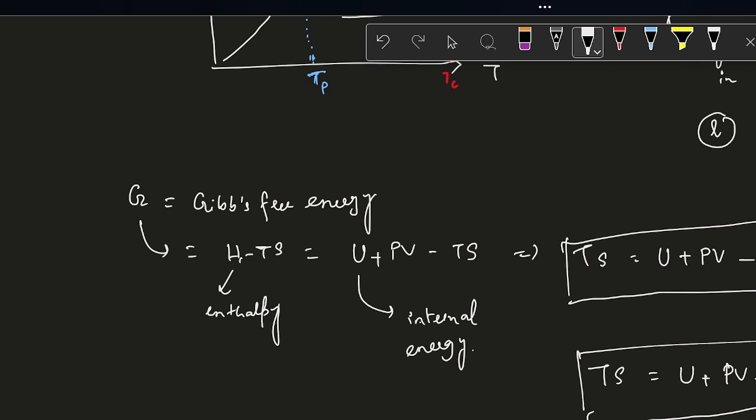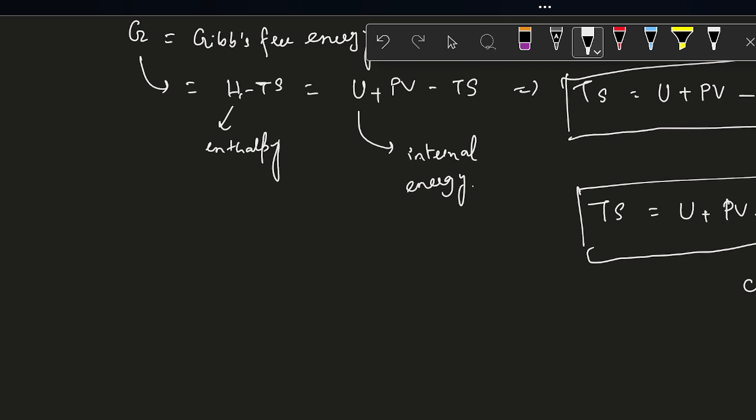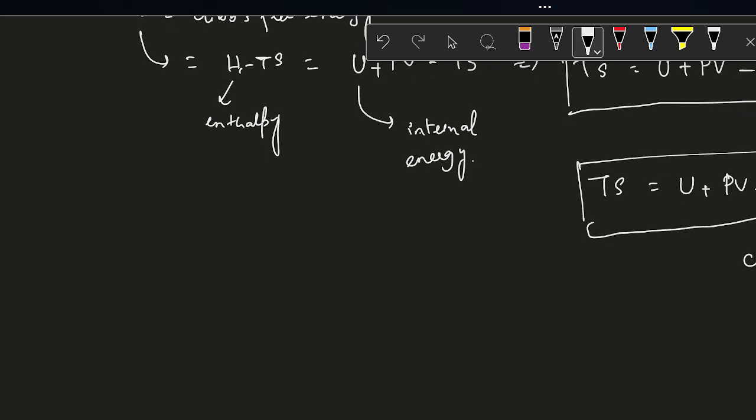So basically from these two relations, if you compare, you will see that there is a common connection: your Gibbs free energy is nothing but mu times N. The relation is that Gibbs free energy is equal to the chemical potential times the number of particles. Okay.